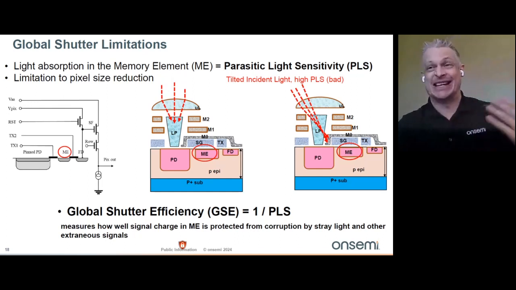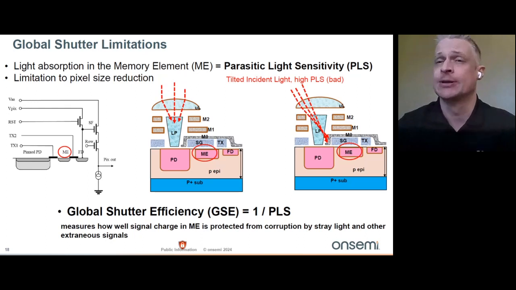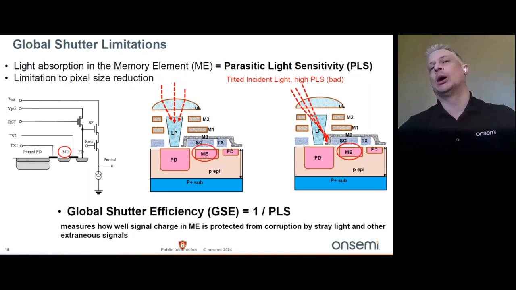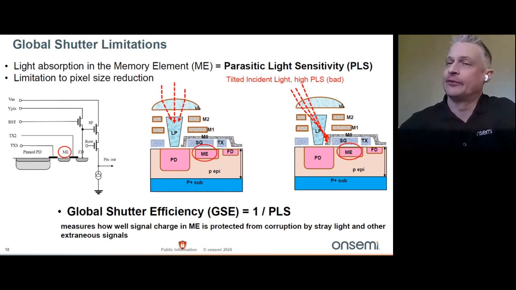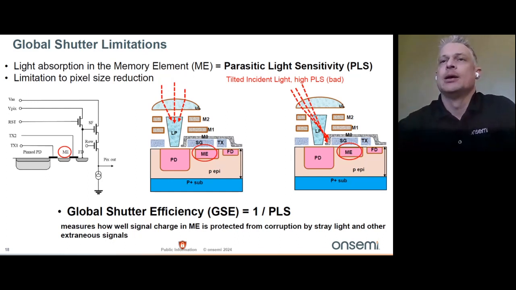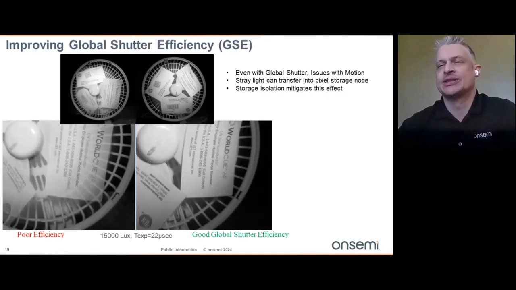If light gets into that storage node, it's going to cause issues. So we try to block light from getting into that storage node through all different types of techniques: BSI, deep trench isolation, light guides, blocking light with buried light shields. They're all different ways of trying to improve this global shutter efficiency.